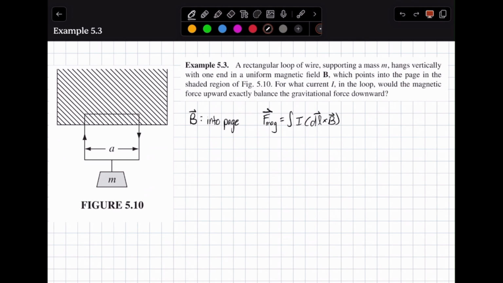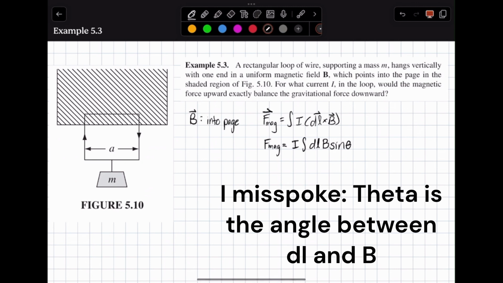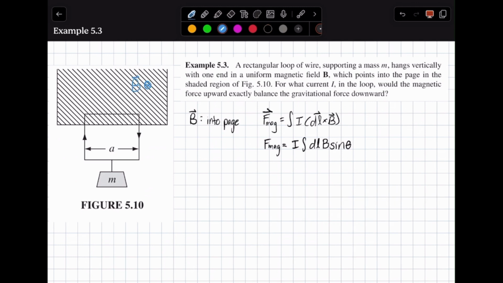And so I'm going to simplify this equation on the right here and change it into a magnitude of the force by using this definition of the cross product. We have dl times B times sine theta, where theta is the angle between B and dl. And so like I said previously, B is into the page.